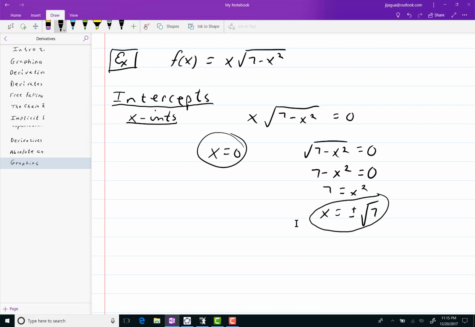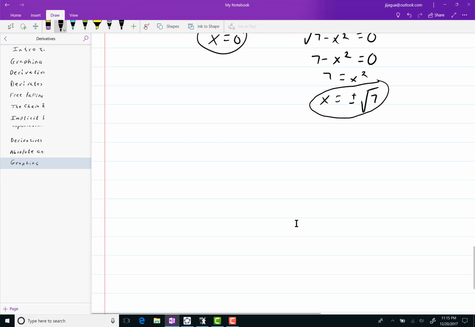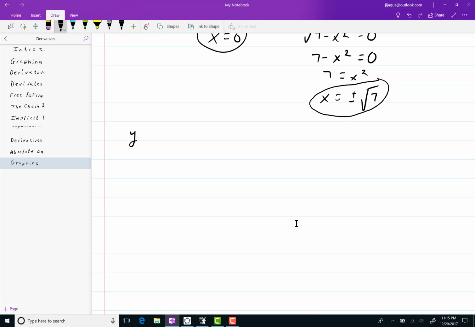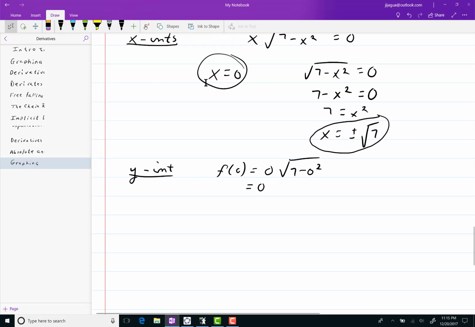So we have our intercepts, the x-intercepts at least. Let me do the y-intercepts. What do you do for the y-intercepts? You just plug in x equals 0, that's all. So look at f of 0. That's 0 times the square root of 7 minus 0 squared. Well, that equals 0. So the y-intercept is actually the same as one of the x-intercepts.